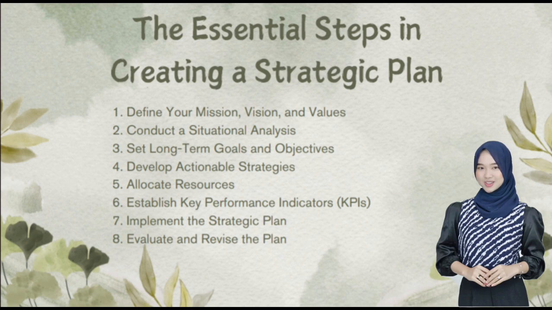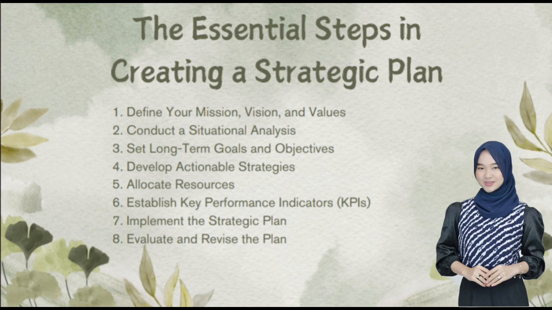These strategies must be actionable and accompanied by clear steps and initiatives that guide the organization's efforts in reaching its objectives. 5. Allocate resources to successfully implement strategies. The organization must allocate the necessary resources, including financial, human, and technological resources. Resource allocation ensures that each strategic initiative is properly funded and supported with the required personnel and tools.